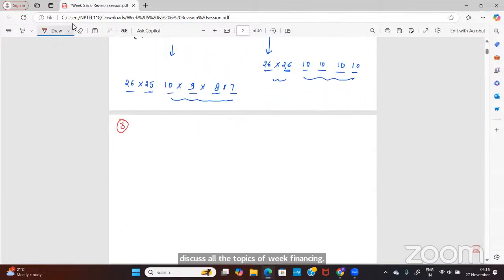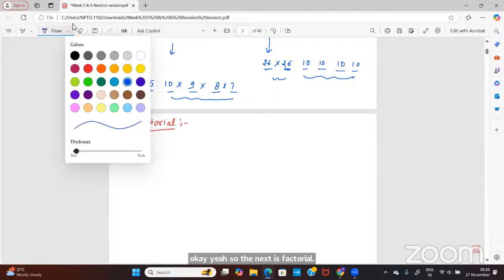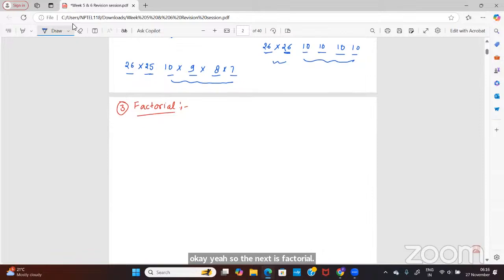So the next is factorial. Factorial is nothing but the product of the first n positive integers.